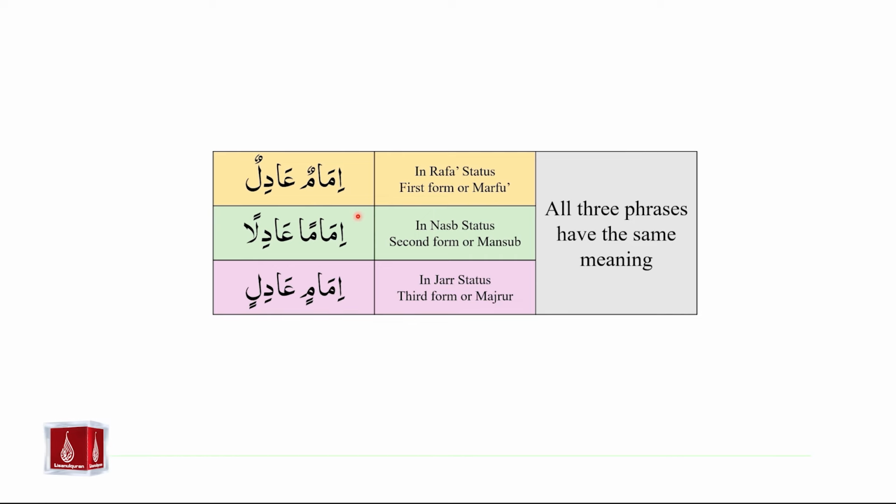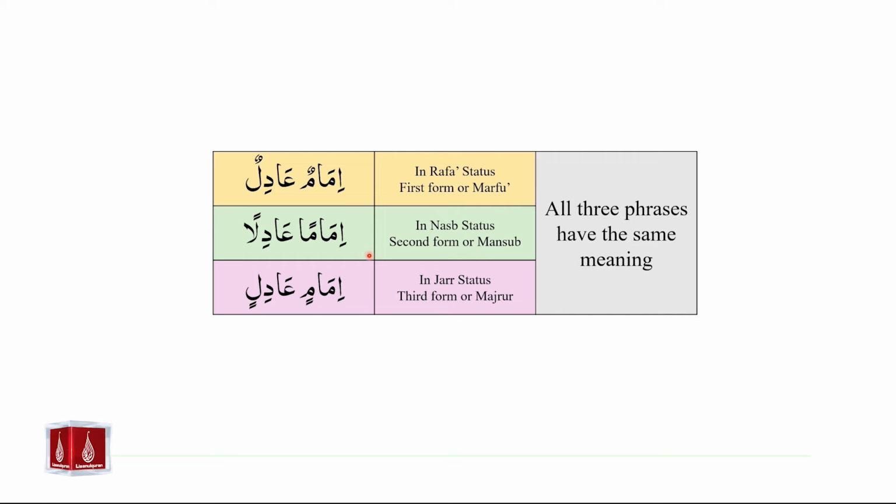In the case of imaman adilan, imaman is the Mosuf, adilan is the Sifat. Imaman is nasab in status and therefore adilan will also be nasab in status. Therefore, the entire descriptive phrase will be in nasab status or it will be mansoob.